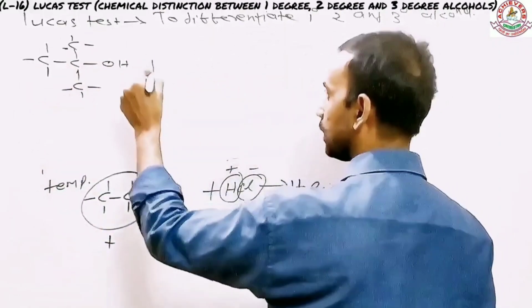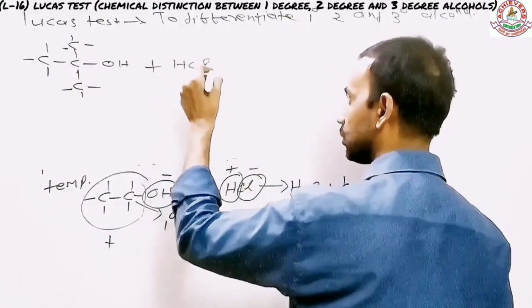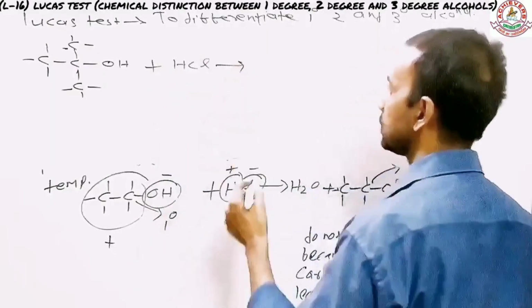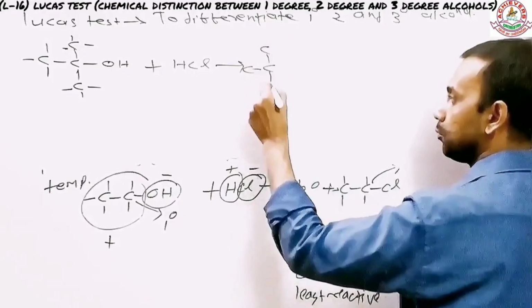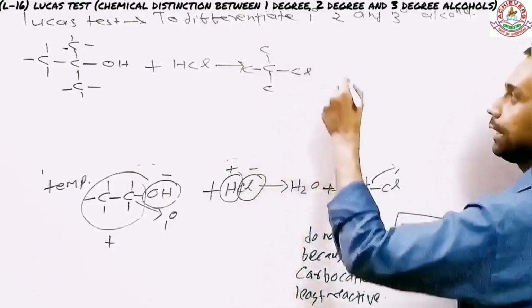So when a tertiary alcohol reacts with that concentrated HCl, it will produce tertiary alkyl halide and water.